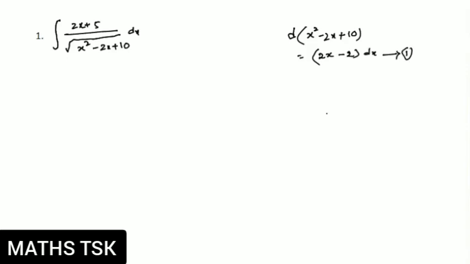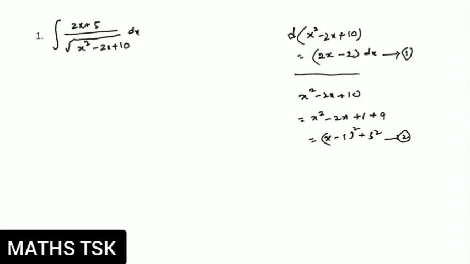The second work: write x² - 2x + 10 as a sum of perfect squares, x² - 2x + 1 + 9. So this can be written as (x - 1)² + 3². This is work 1, this is work 2. So two different works.